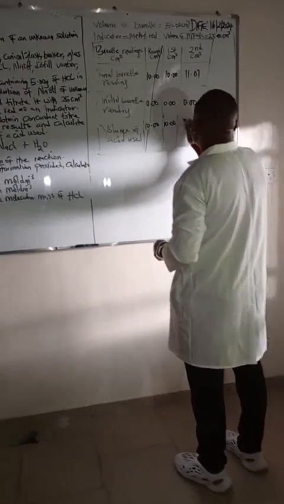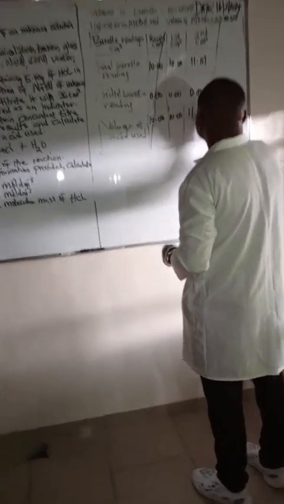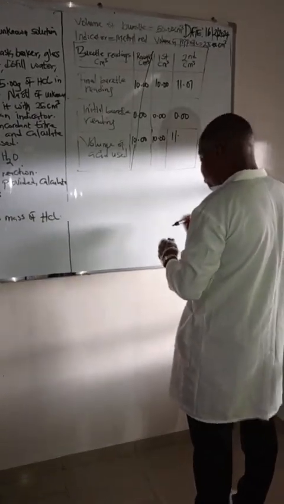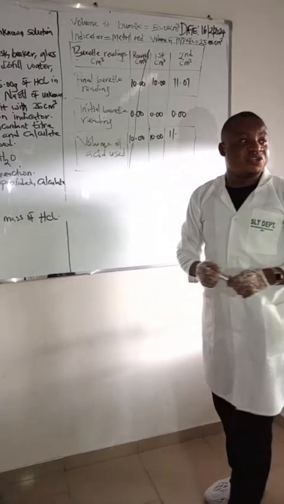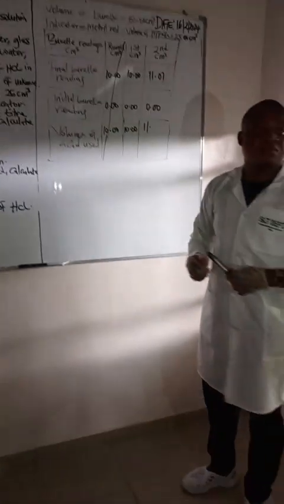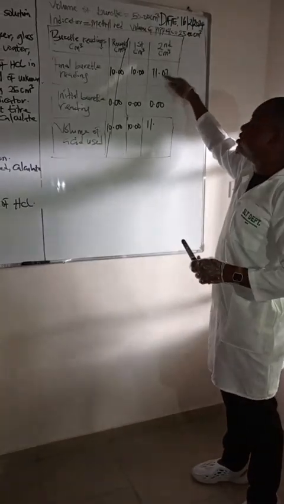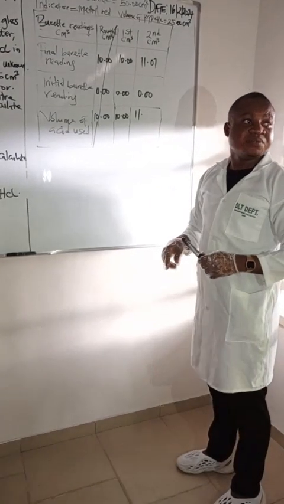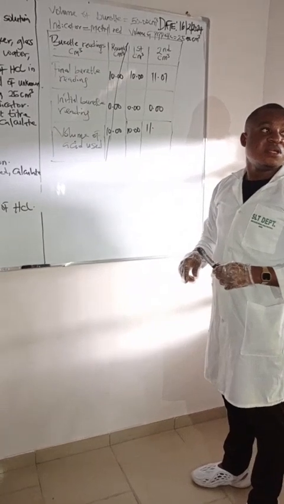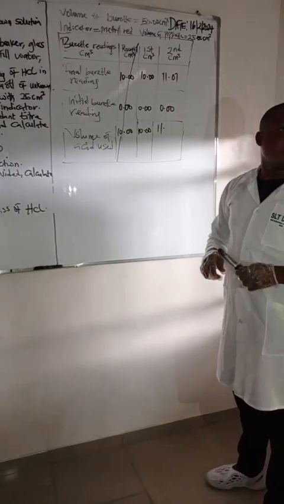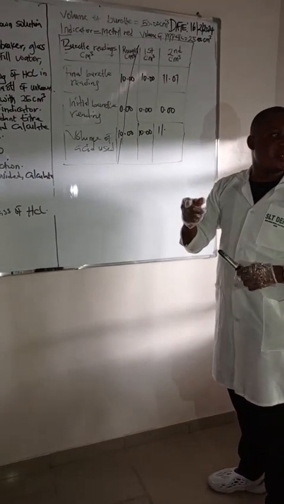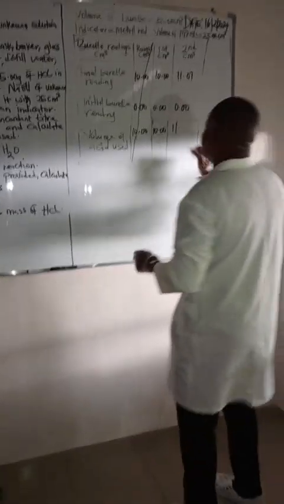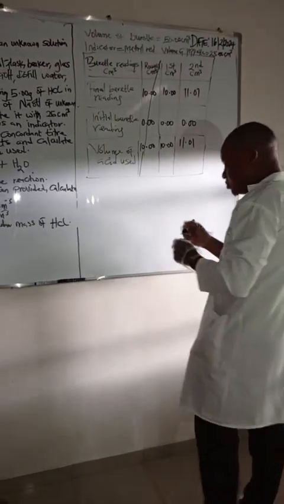This is what? 11.01 minus 0.00. Those of you that have a calculator, do it for me. What do we have? 11.01.